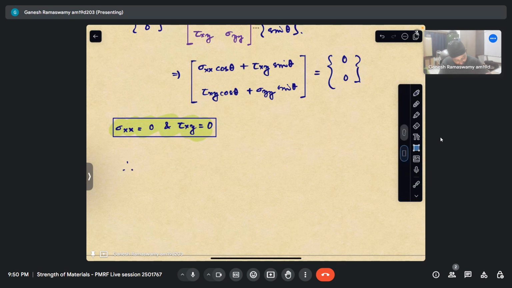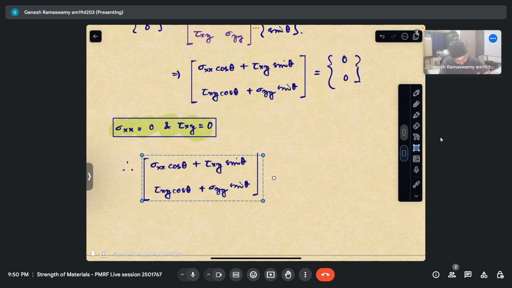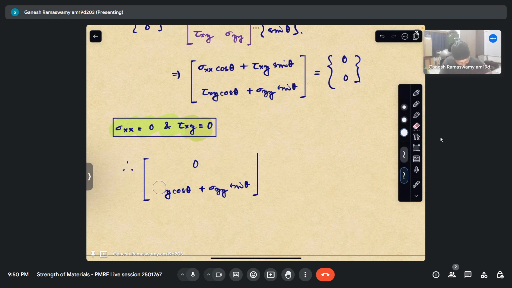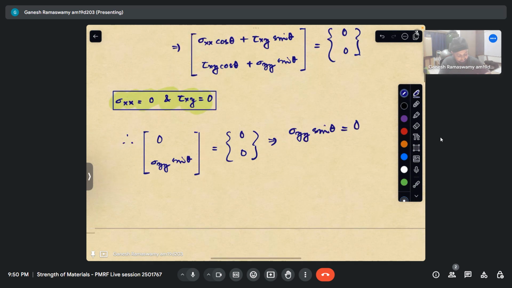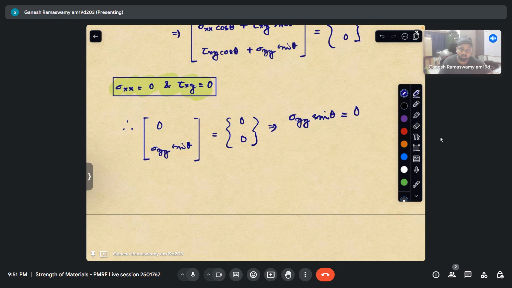So therefore, this goes to 0 and this goes to 0. So I just have 0 on the top. Here tau xy is 0. This remains. We don't know anything about sigma yy presently. This is 0, which tells me that sigma yy sin theta is 0. Now this can only hold in two cases where either theta is 0 or sigma yy is 0.